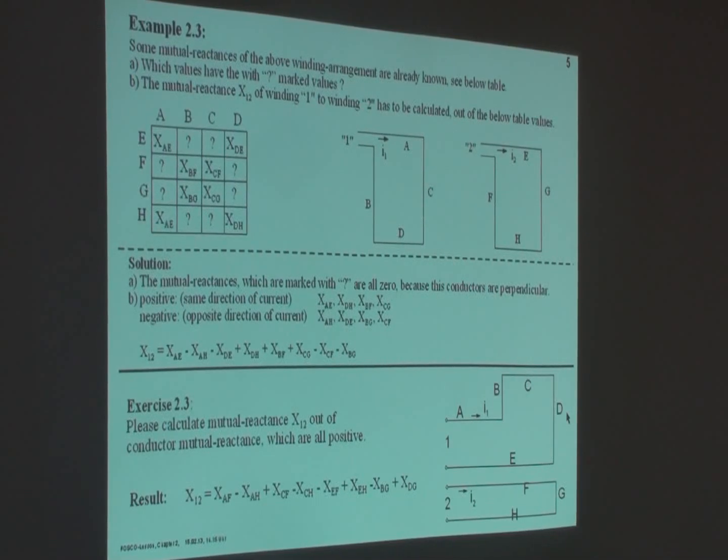Consider the conductors. We want to know the self-reactance of the loop 1, and then we have to calculate with these formulas, and then we have to make the whole reactance. How is it to be calculated? XAA, XBB minus, is it correct?